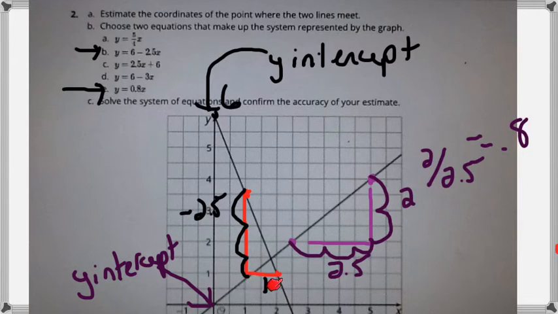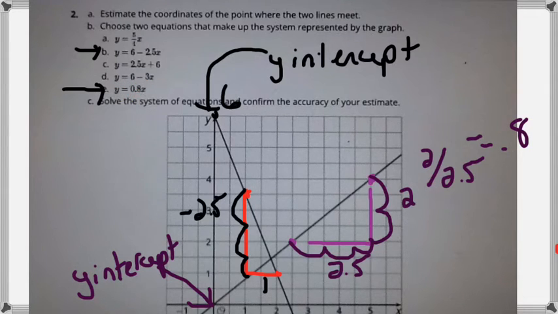And then my run is 1, and so it's -2.5 divided by 1. And so the answer is 6 minus 2.5x. It can't be this one because the slope was wrong.